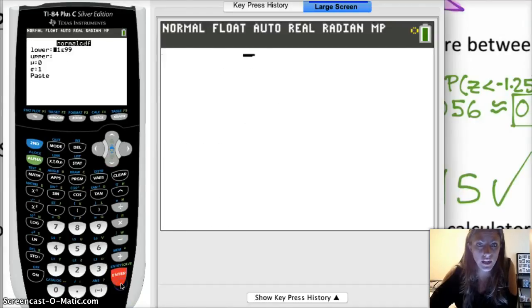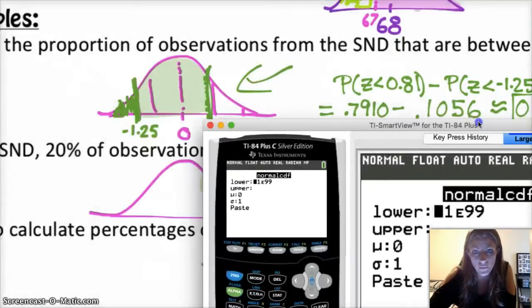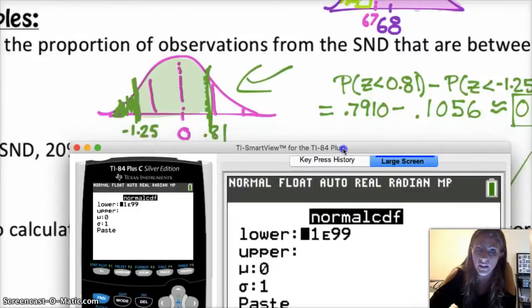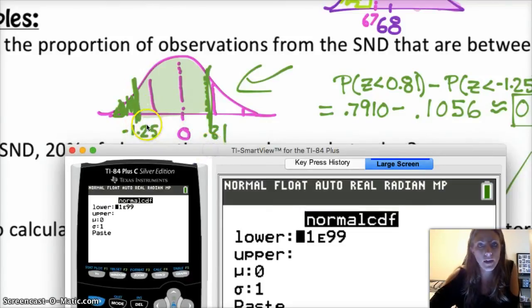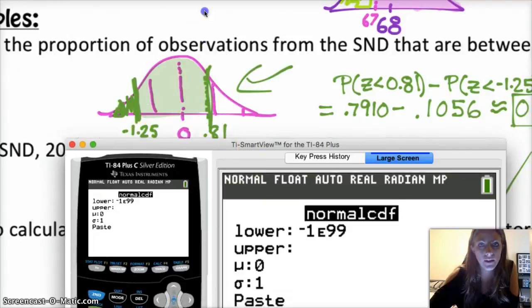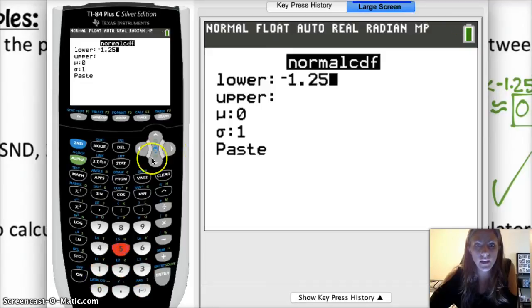So I do normal CDF, and we were curious to know the area under the curve between negative 1.25 and 0.81. So my lower bound would be negative 1.25. My upper bound would be 0.81. Okay, so we can plug that in. So negative 1.25. And my upper bound is 0.8.